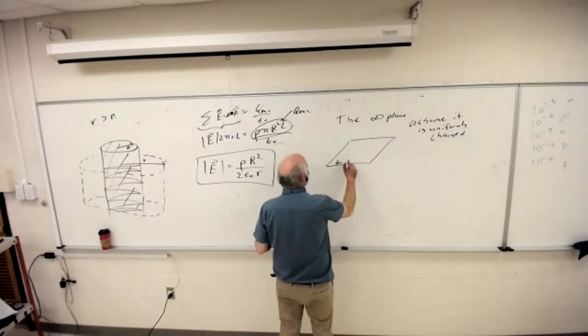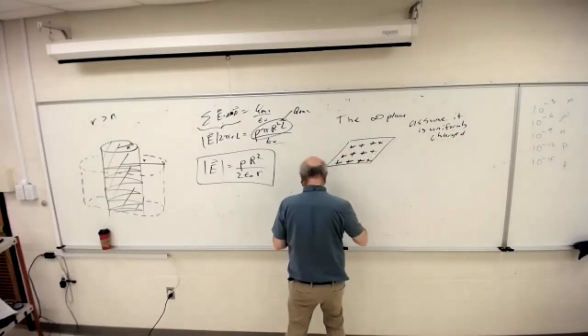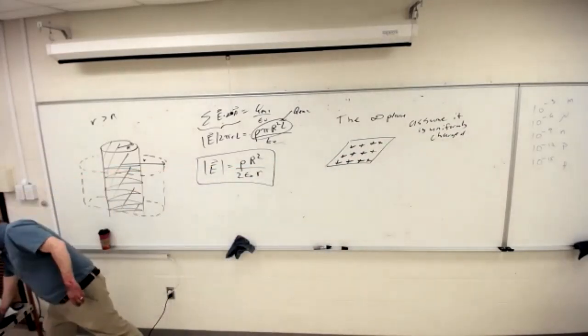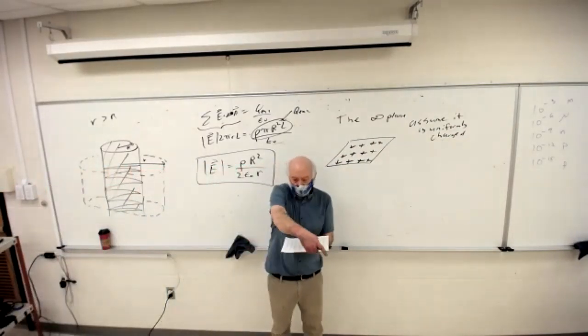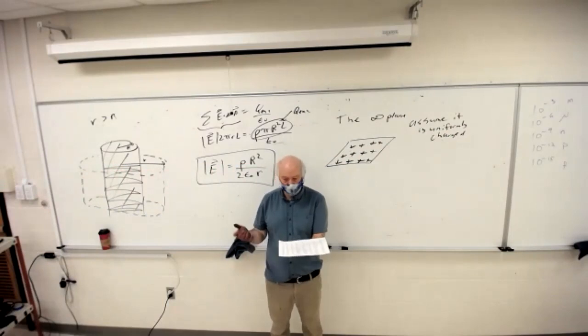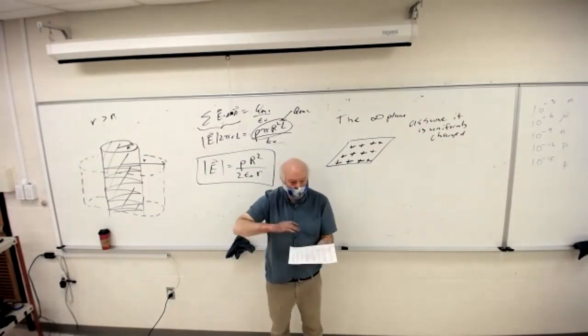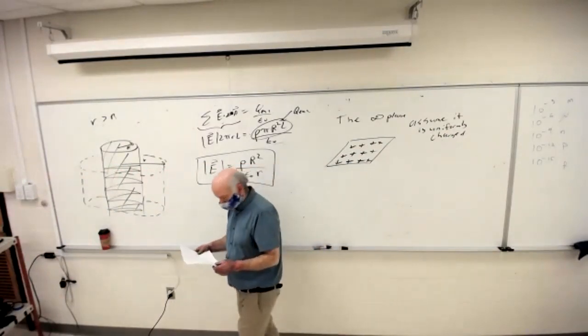So I'll put a whole bunch of positive charge. Imagine here's my plane, but again, imagine it's infinite. So I have an infinite piece of paper. I take charge, and I spread charge all over this. The charge is uniformly distributed. And I want to know, what is the electric field?